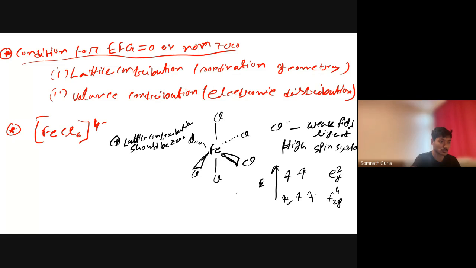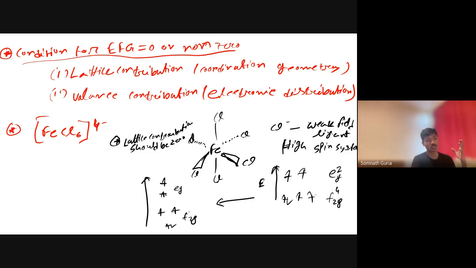The electrons come in this way. The EG level is split this way, and this will be my T2G level.